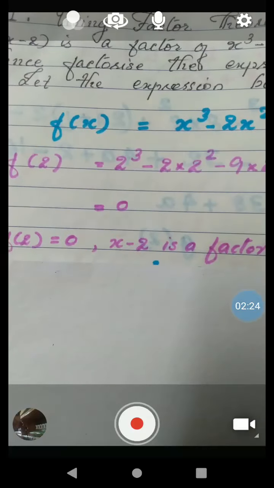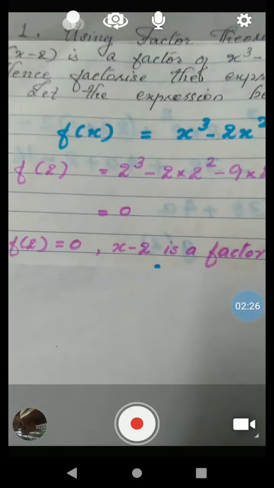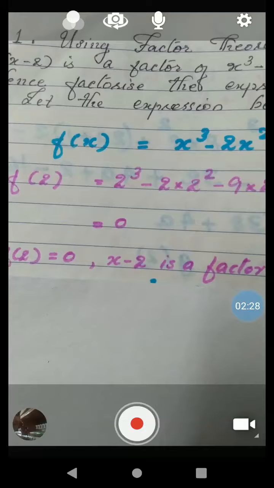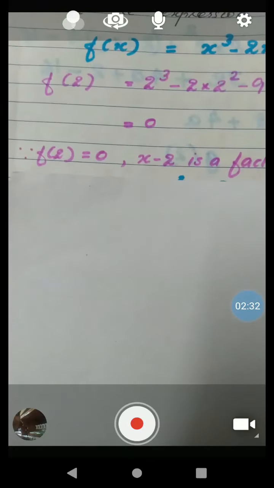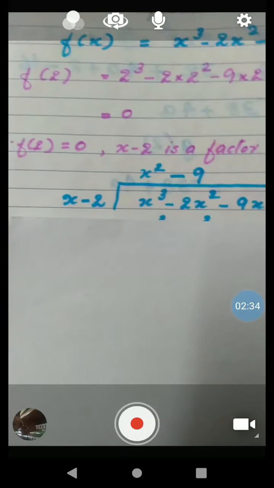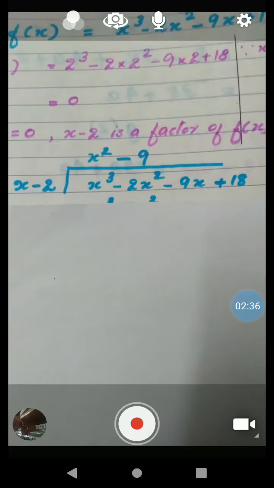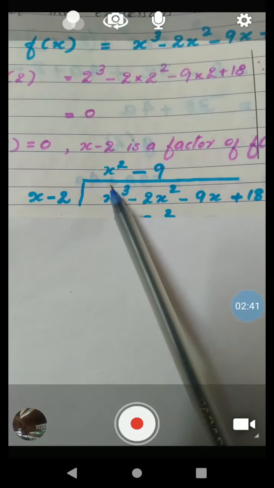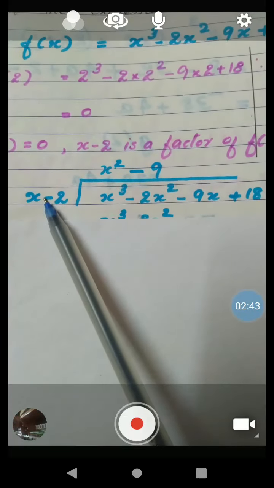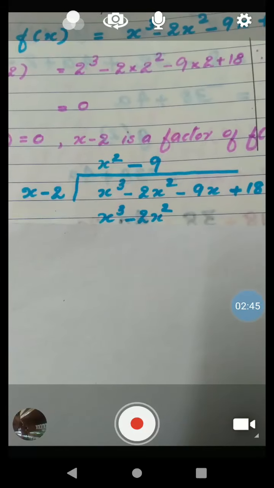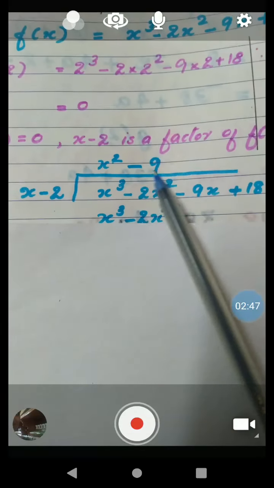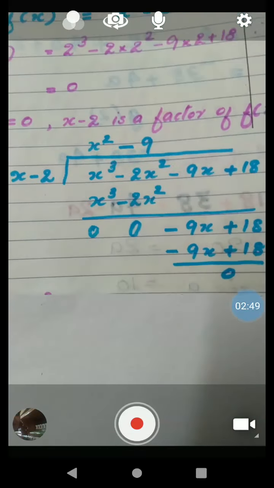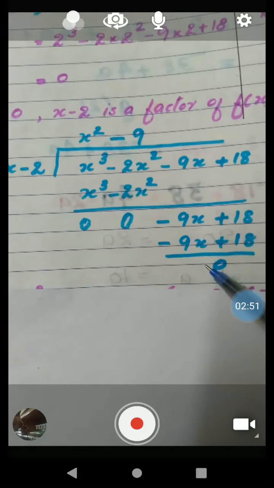By direct division, we can find the other factor. As usual, we can divide. This is the given expression. It is divided by x minus 2. We get the quotient x square minus 9, because here the remainder is 0.